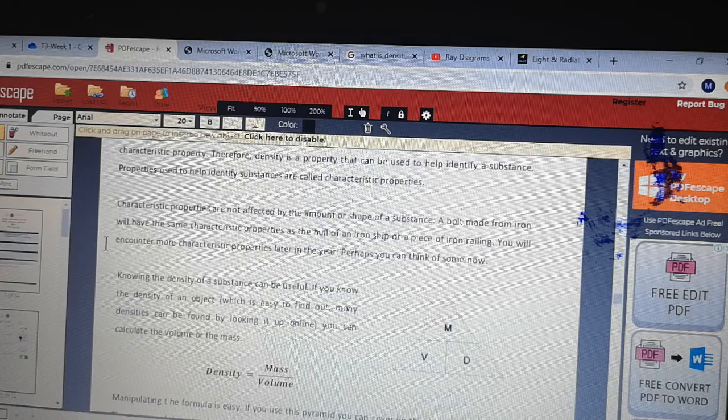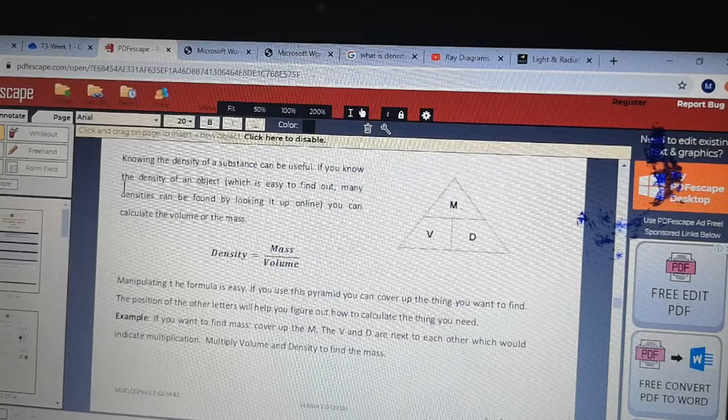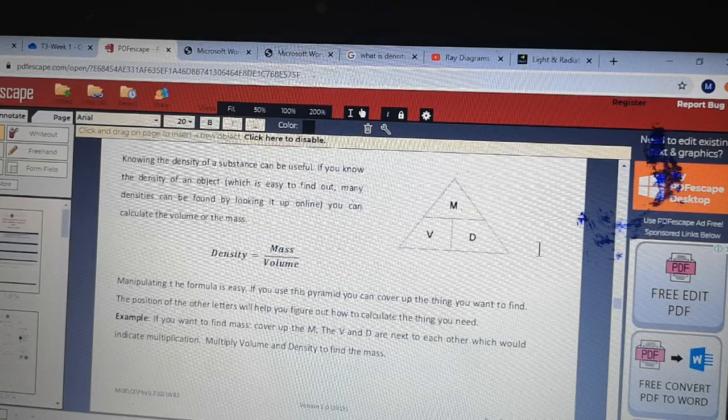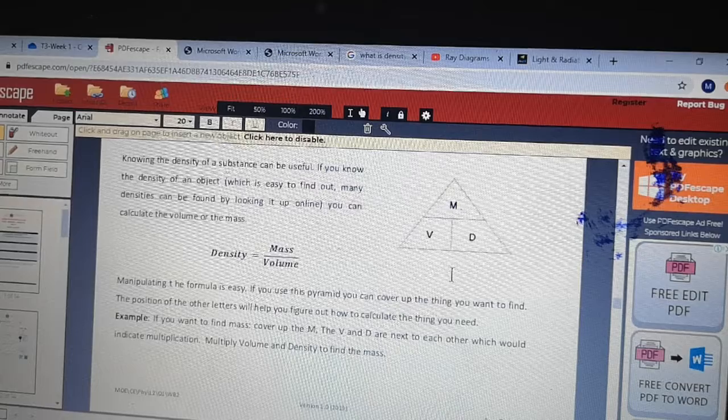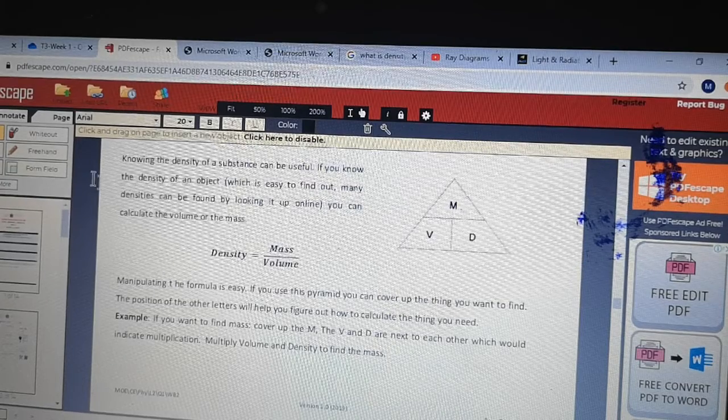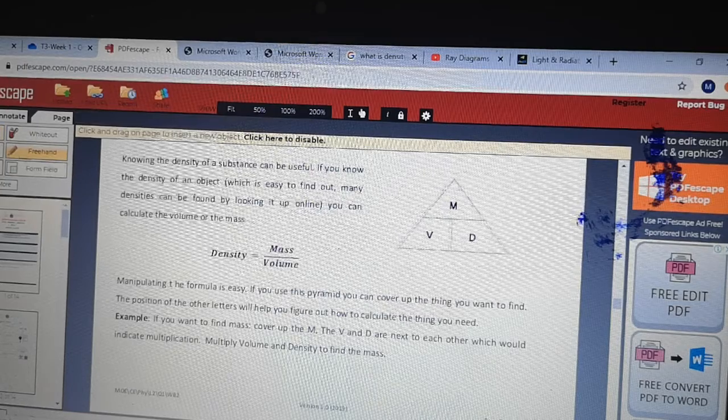There are a lot of definitions here, but the focus for today is this triangle formula. We've probably used a triangle formula before, but if we haven't, because you are new to physics, I'll go through this in detail today with some examples.